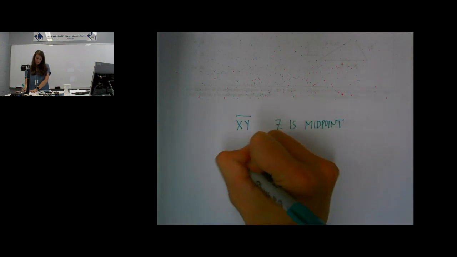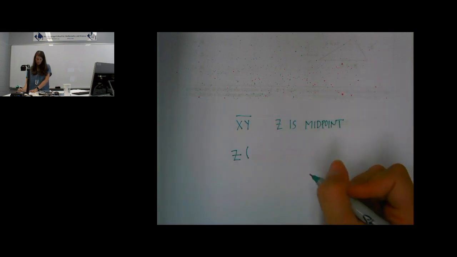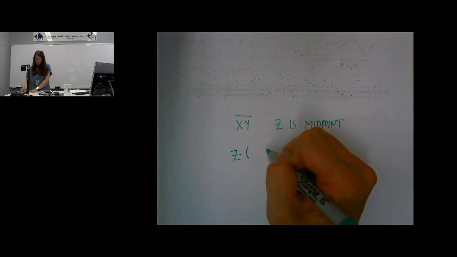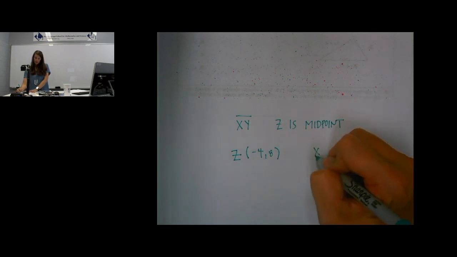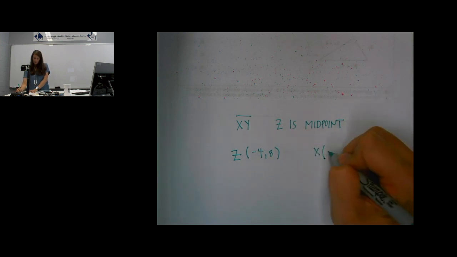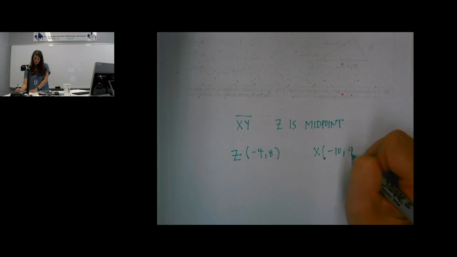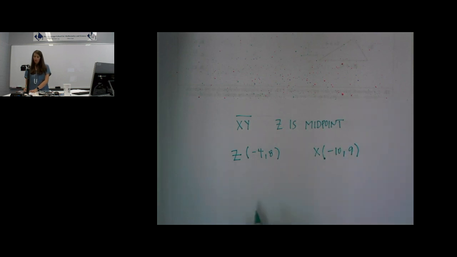Okay, and if Z here is at -4, 8, okay, and X is at -10, 9. Okay, what if I needed to find the Y coordinate?